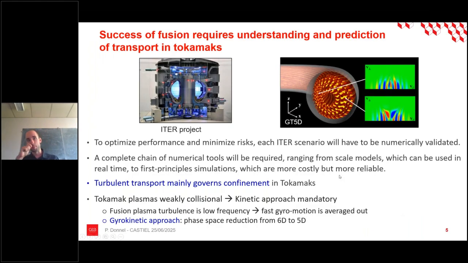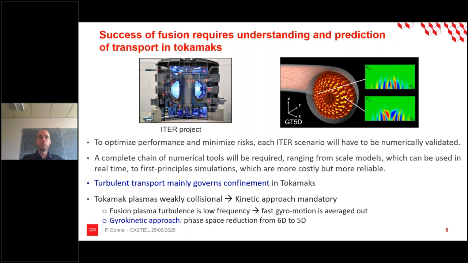Because the ITER project is really huge and costs a lot, we have to prepare its operation even before it starts to work, to minimize the risk of problems and to optimize the performance of the plasma that will be generated in ITER.